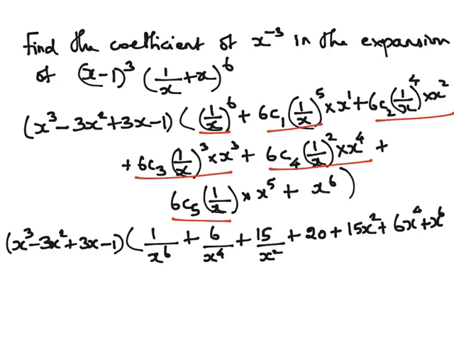Okay, now please cross check, students. Which two terms should you multiply so that you get x power minus 3? You can see that if you multiply this x cubed and 1 by x power 6, you'll get 1 by x cubed, isn't it? So x cubed multiplied 1 by x power 6.